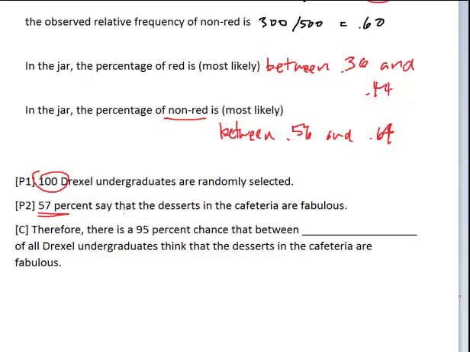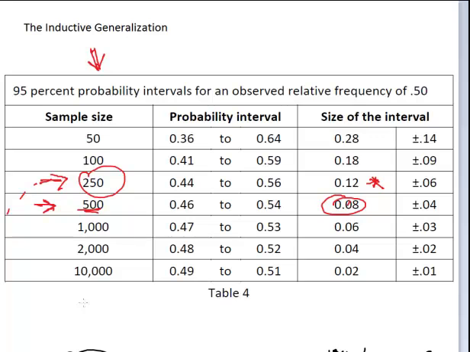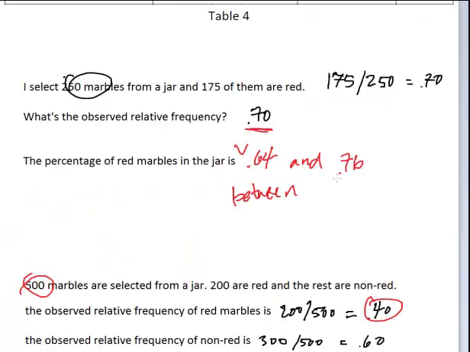Okay, so we want to know, based on this information in the premises, what can we say about the entire population, all Drexel undergraduates? So again, we go back to Table 4. Here our sample size is the 100. So we want this interval, 0.18.